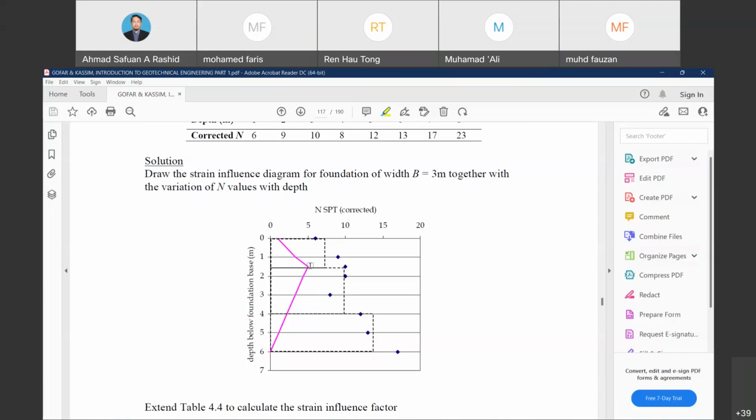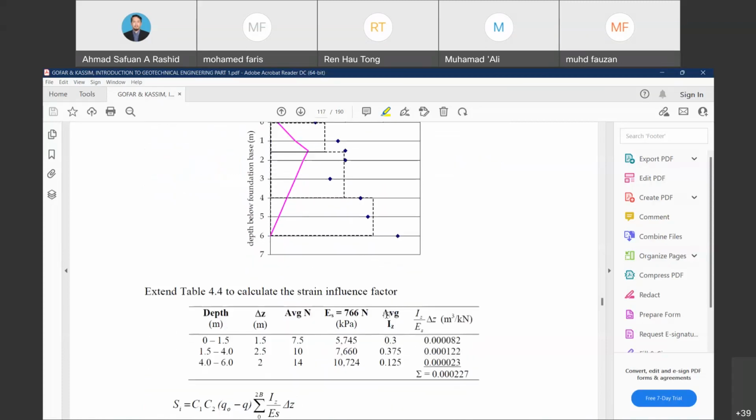But from 0.5 to the depth of 4 meter, you need to use interpolation to get the Iz value. The easy way is 0.5 plus 0 divided by 2, so you get 0.25, which is the average for the Iz.